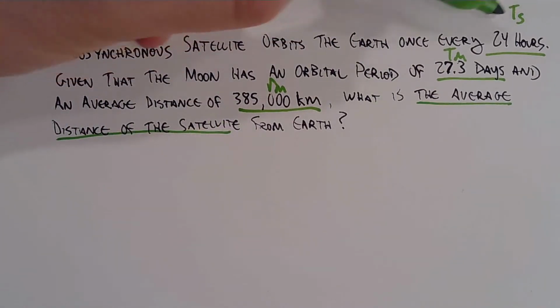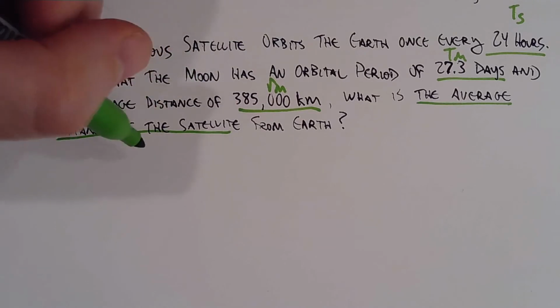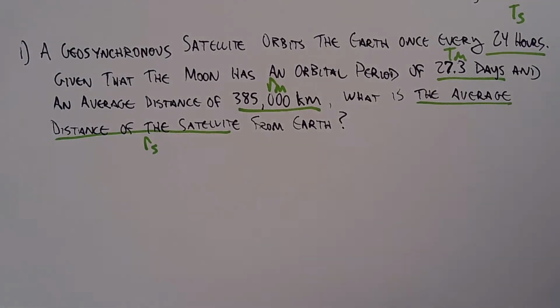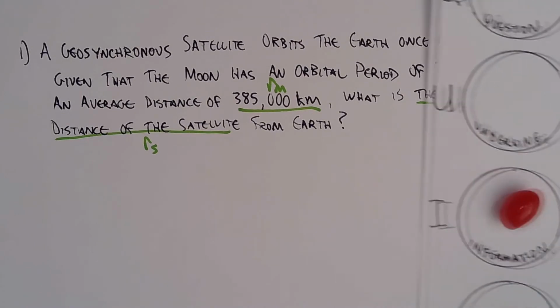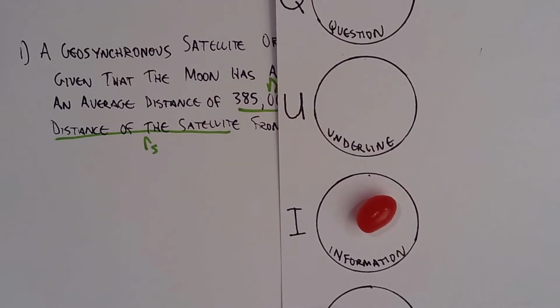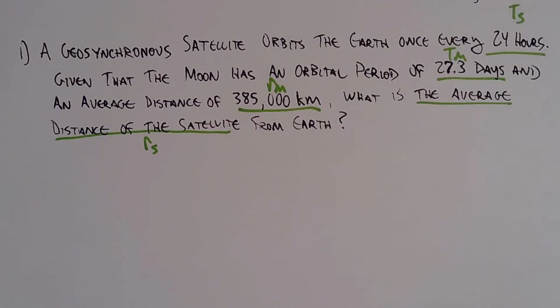So if this is TS and this is TM and this is RM, then this is going to be RS for satellite. Now the typical equation does show like TA and TB, but we don't need to use A and B. We can use whatever letters make sense for the scenario. So, all right, and we have underlined. Get our information in here.